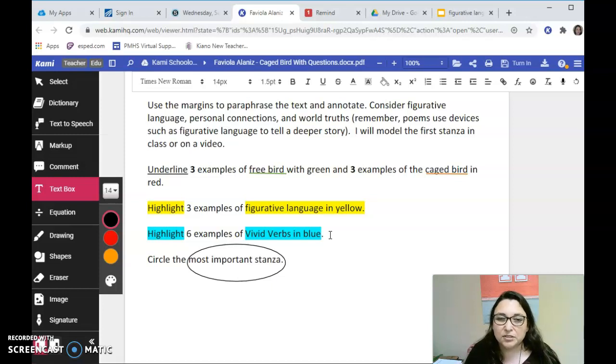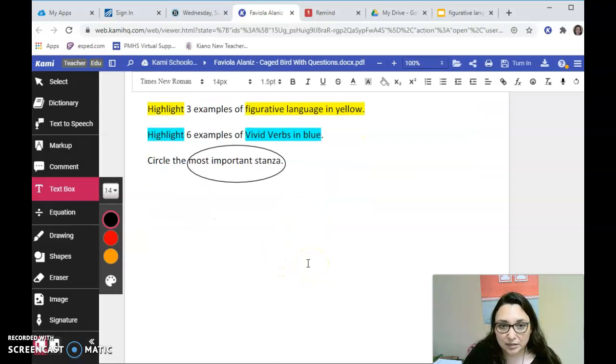They make you feel something greater. So be on the lookout for any verb that you think, oh, that sounds so emotional, that stirs something in me. I like that verb. Go ahead and highlight it in blue. And finally, we're going to circle the most important stanza.